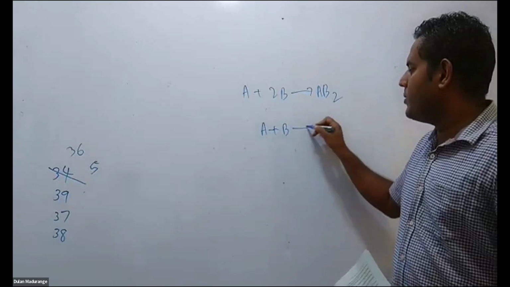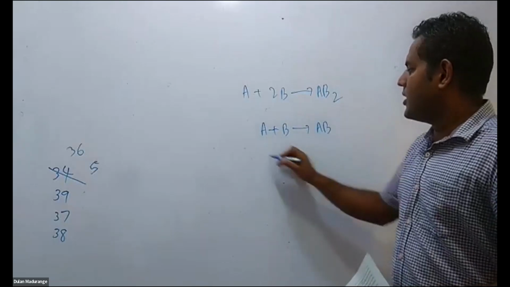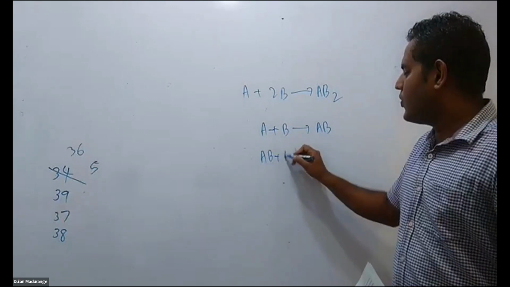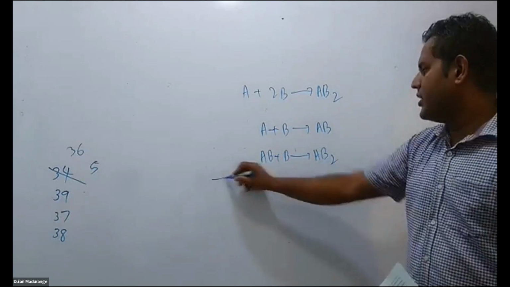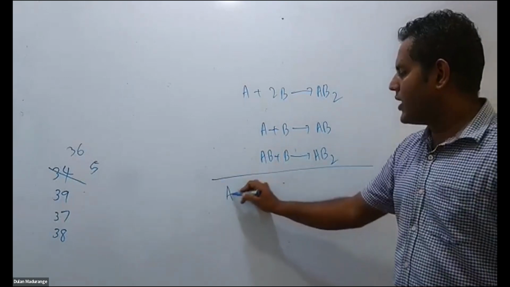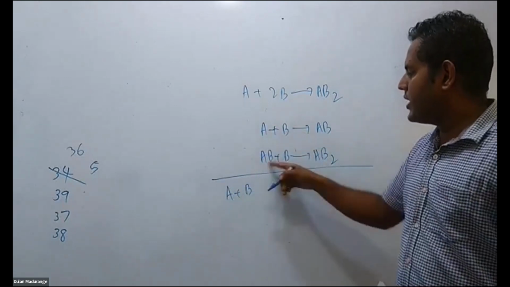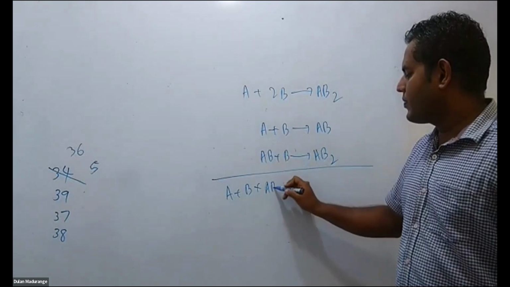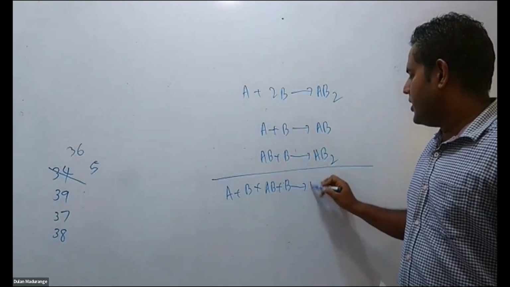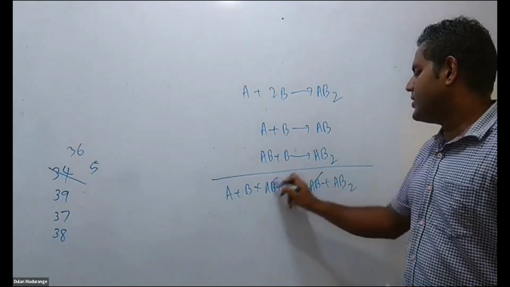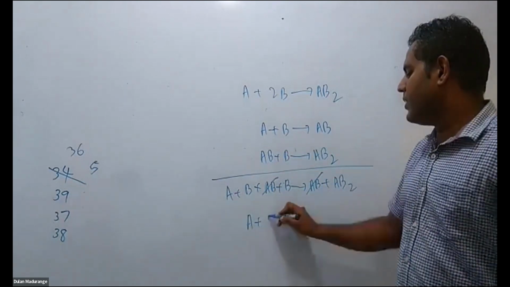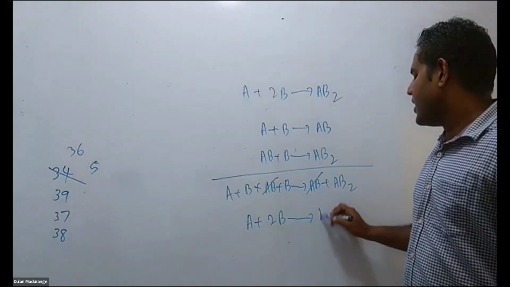A reacts with B to form AB, then AB reacts with another B to form AB2. It's a kind of multi-step reaction. When you add the left side with the left side, you have AB plus AB. This AB and this AB cancel, so you get A plus 2B giving AB2.